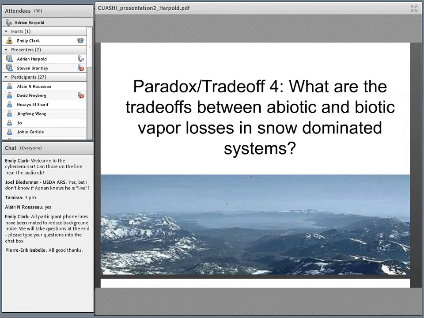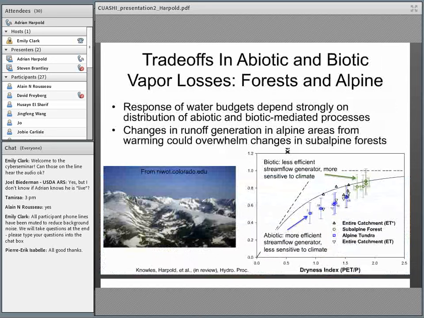Okay, and a final, what I'll call trade-off, is between abiotic and biotic vapor losses. And I'll go back to the site we have, Niwot Ridge in Colorado, to make the point that these sites generate runoff at different efficiencies.